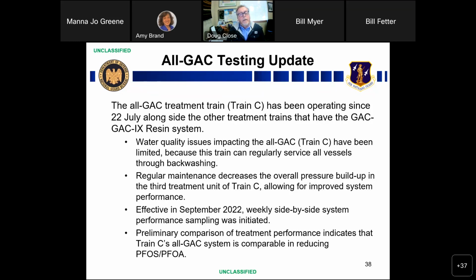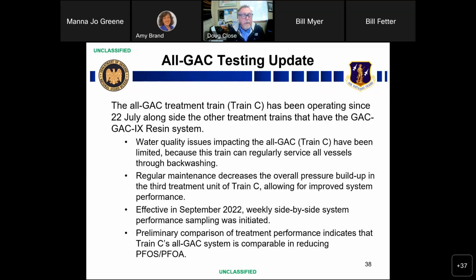So having an all GAC polishing or third treatment unit, we're getting the opportunity to backwash all three medias throughout the media cycle, where we don't get that opportunity because of the nature of the resin. It's not suitable for backwashing. We've tried several different efforts, attempts. It's just too vulnerable. We could lose media if we were to improperly backwash, so it becomes a constraint.